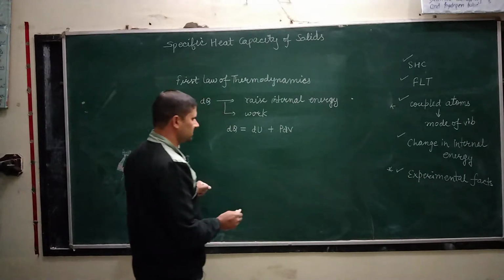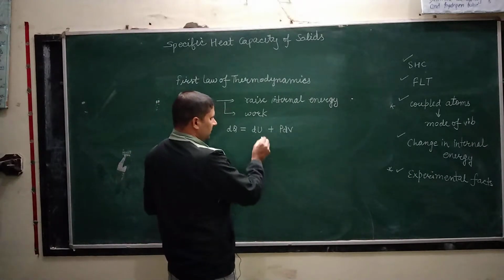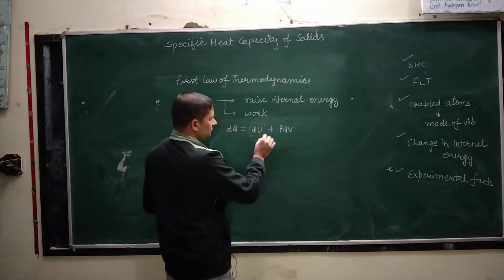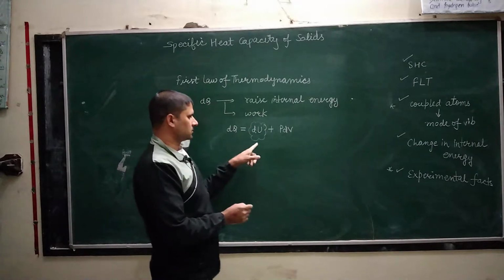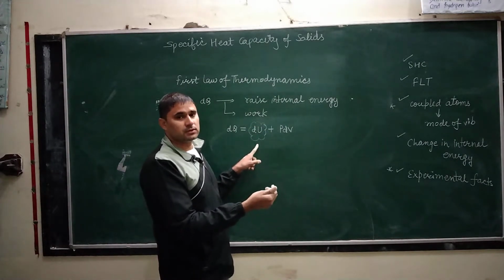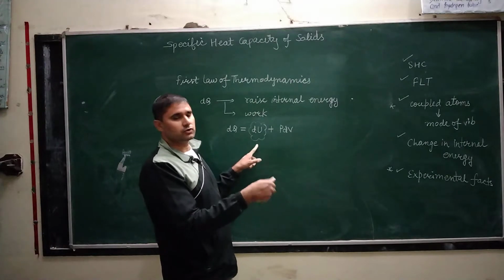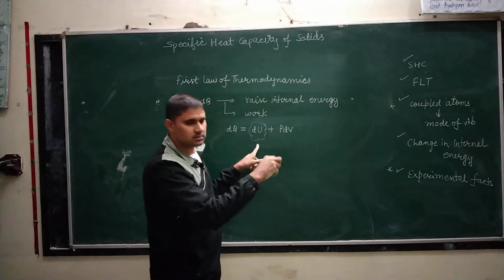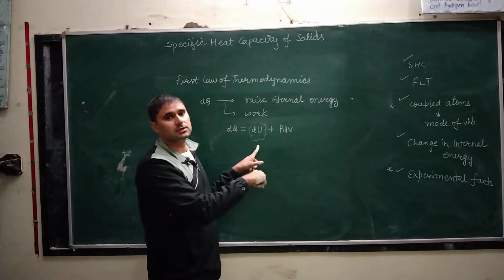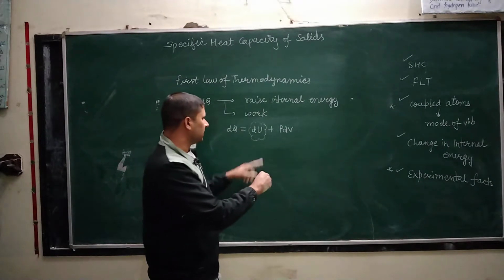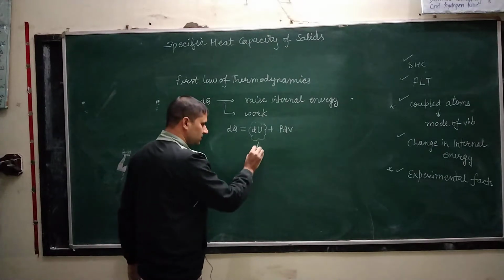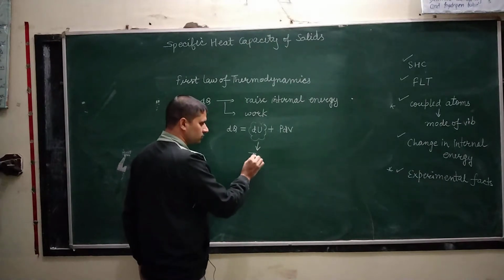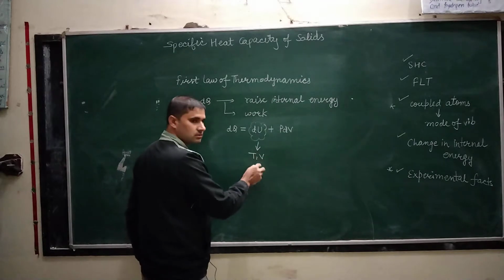So here you will see the internal energy is the sum of different kinds of energy, potential energy and kinetic energy of the particles which are present inside the substance. Okay, and you can take an idea of the internal energy from the temperature and the volume.